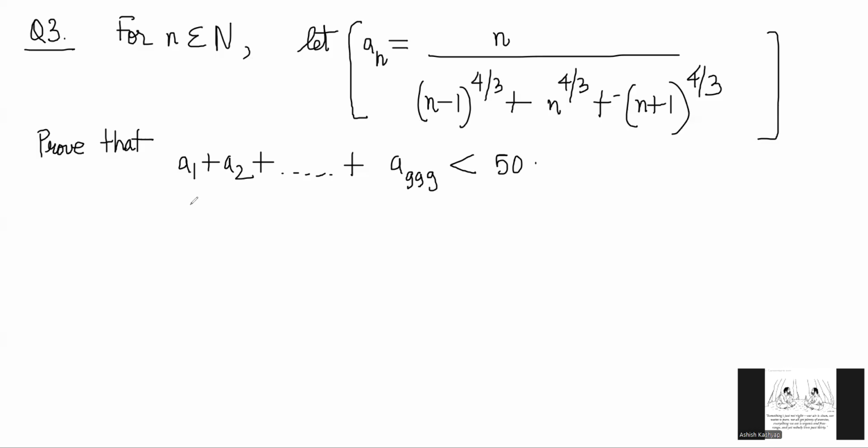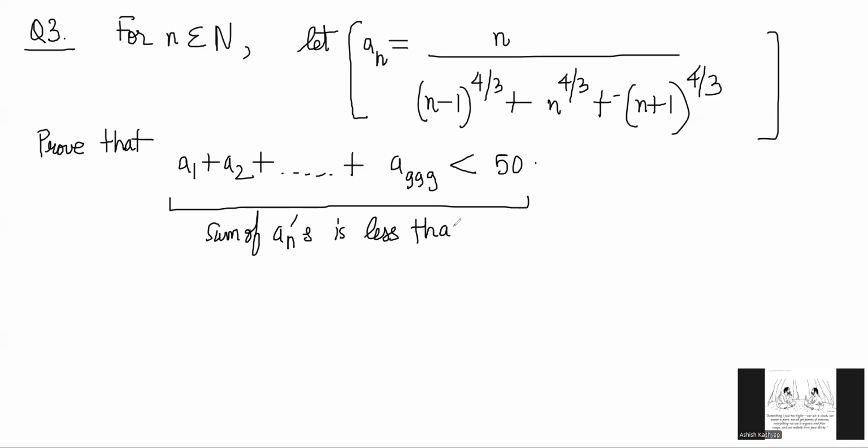Notice that since the final inequality that we want to prove is that the sum of the a_n is less than something, it would be nice if we can get an inequality for a general a_n being less than something, right?